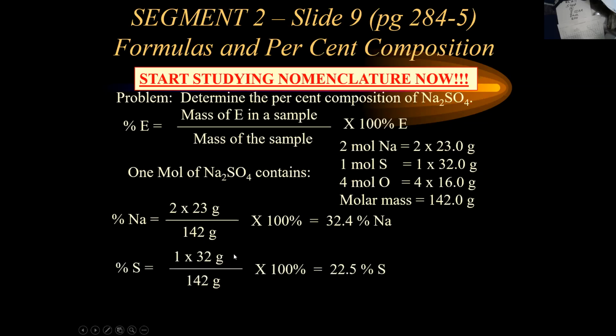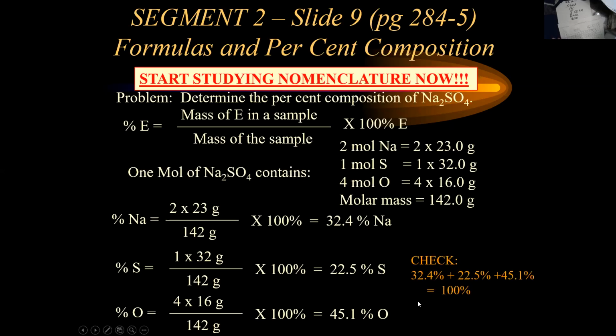Okay, now if I'm doing sulfur, it's the same way. It's the mass of the element, 1 times 32 divided by the total times 100. It comes out to be 22.5%. The amount of oxygen, percent, is 4 times 16 grams of oxygen. Total mass 142, 45.1. Now, I did that deliberately like this because if you add them together, it should be 100%.